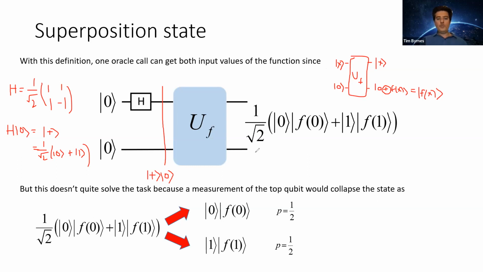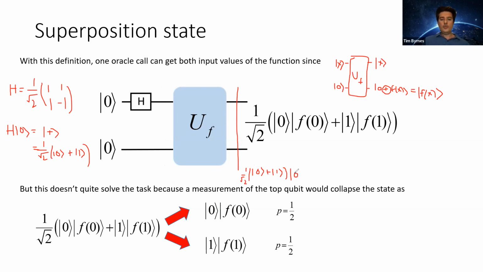Now what happens if you put in a superposition? Well, you will basically get a superposition of the 2 cases. So let's work out what you're going to have at this point in the output. Going into this, what we've got is basically 0 plus 1, 1 over square root of 2.